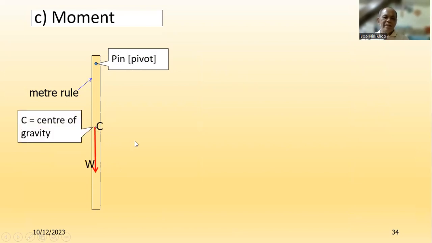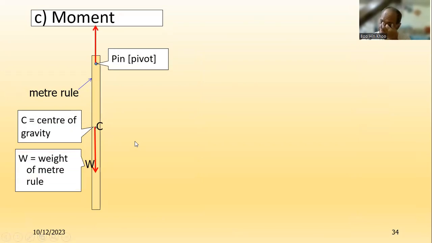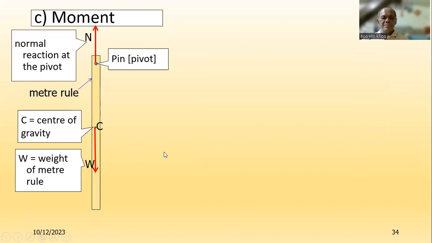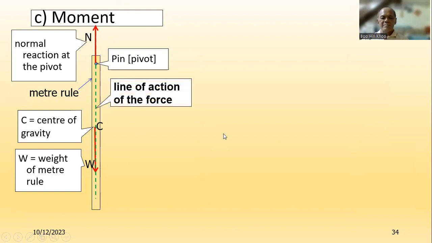So the weight will act there. Then the other force acting at the pivot will be the normal reaction, pulling it upwards there. The two forces balance. So this is the line of action of both the weight and the normal reaction.